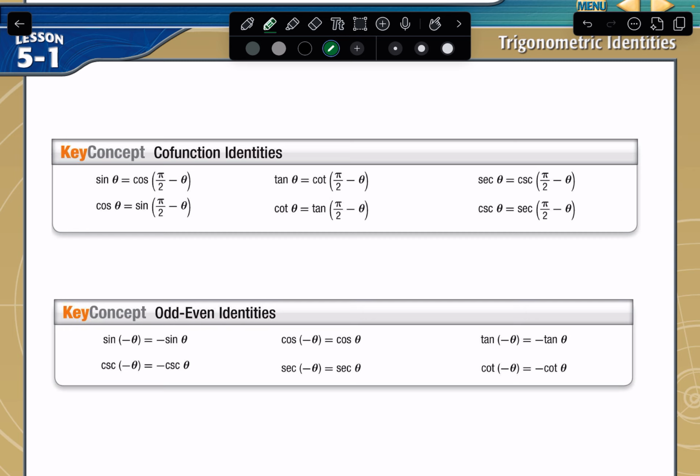It's really kind of just showing you that if I have sine of negative theta, that's the same thing as negative sine theta. Some of them become positive, some of them become negative, depending upon what it is. So the only two that are actually positive and stay positive are cosine and secant. Your other ones are actually going to become negative in those scenarios. Okay, so looking at example 4.